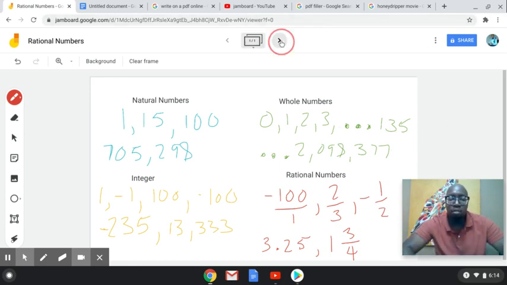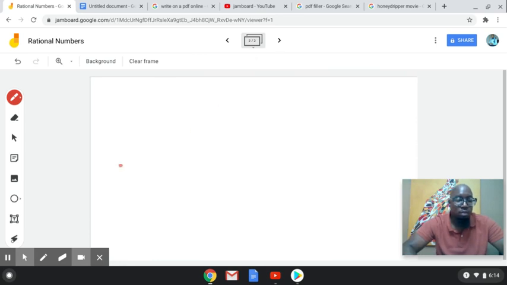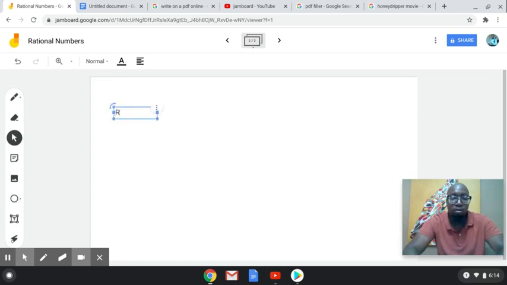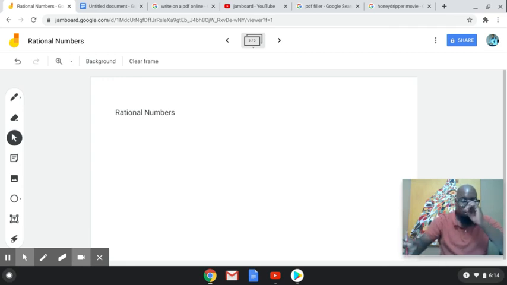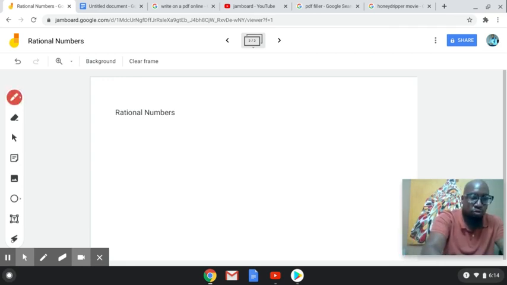Go to the next page. I'm not going to go too far into it, but I'll just type this right here. Let's talk about rational numbers. All right. So again, from the last page we just saw, you have many different types of rational numbers, correct?